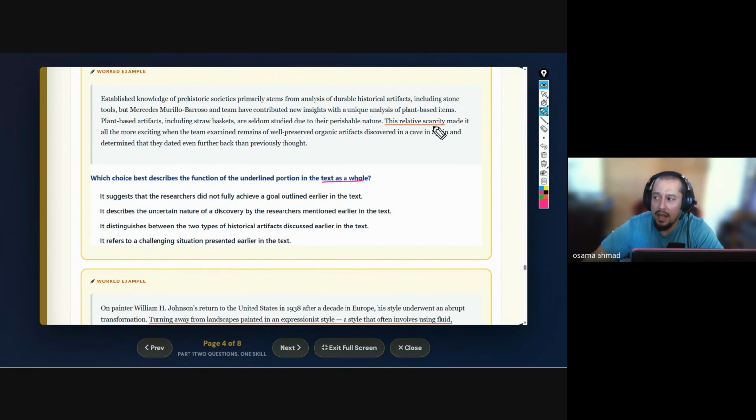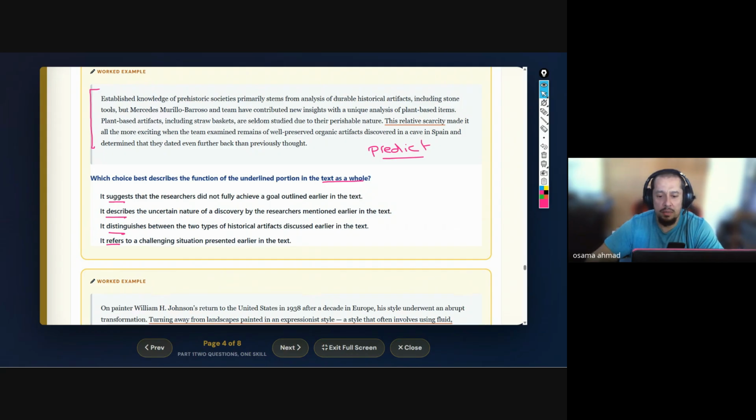So هنا لازم اعمل حسابي ايه علاقة ديت مع الباسج كلها. Okay. Now notice I try to make a prediction if you can. And notice how every answer choice begins with a verb. Try this one on your own. It's a harder question. I should have given you something easier.